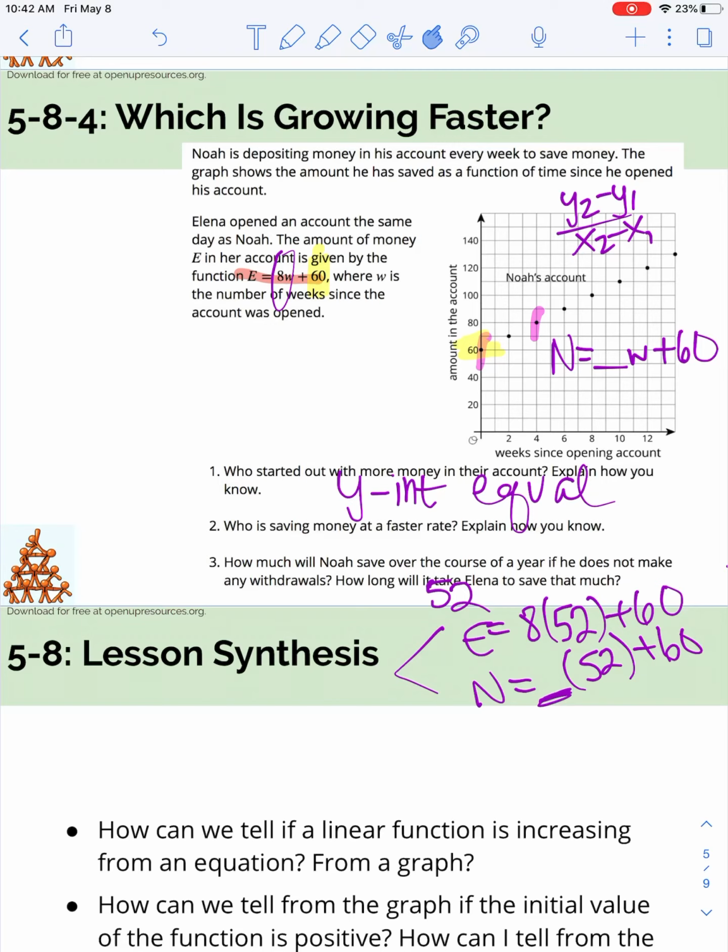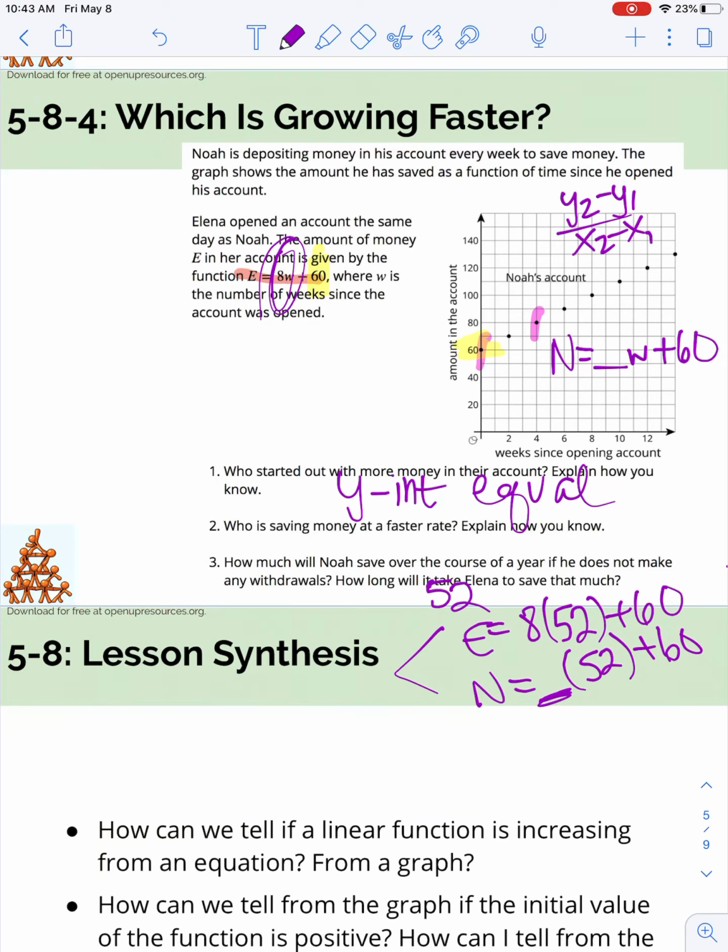Who is saving money at a faster rate? Explain how you know. Well, the rate for Elena is given, right? It's 8W because it's right here. For Noah, you're just going to calculate his slope, and then you'll find out his rate. Is it bigger or smaller than 8? You do y2 minus y1 over x2 minus x1. For example, I highlighted these two points in pink.